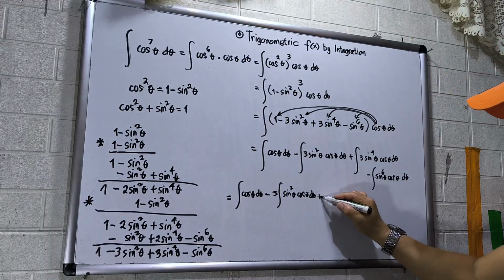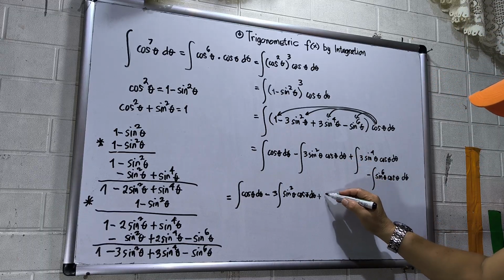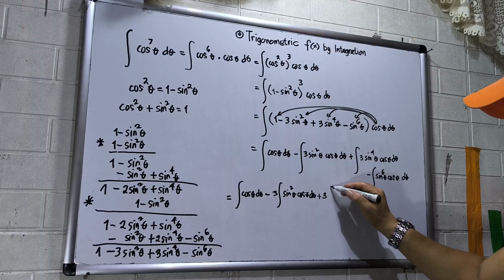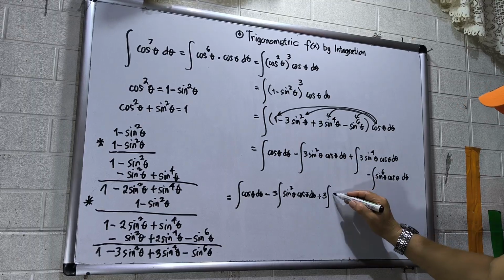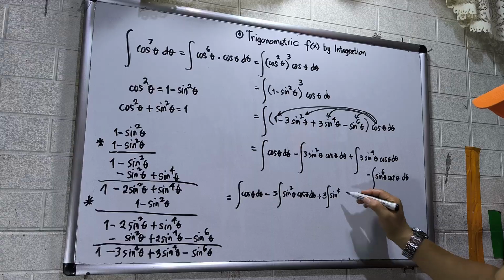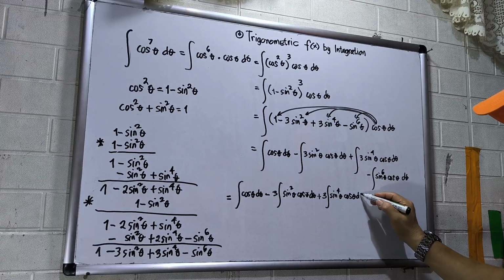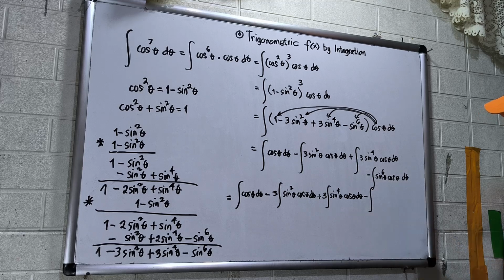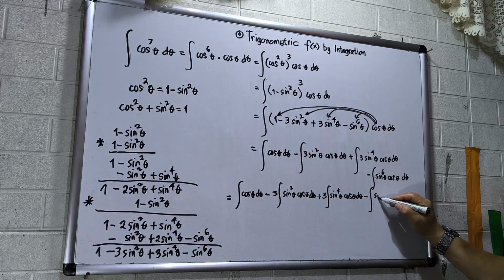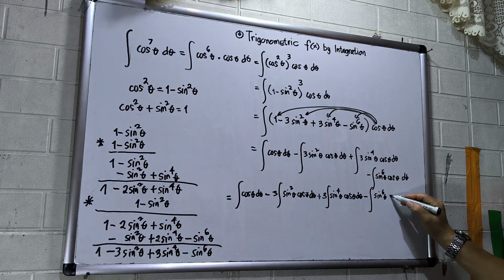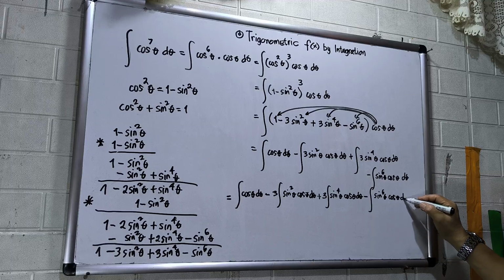Then plus this one also outside because 3 is a constant. So this will be sine to the 4th theta cosine theta d theta. Then minus the integral of sine to the 6th theta cosine theta d theta.